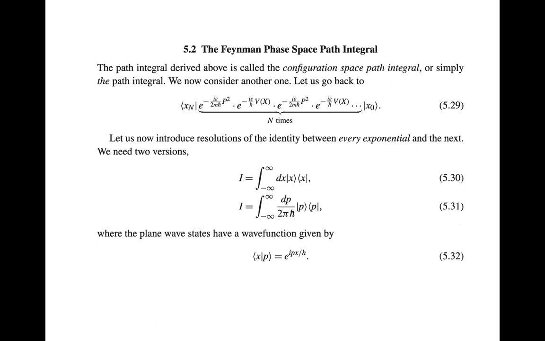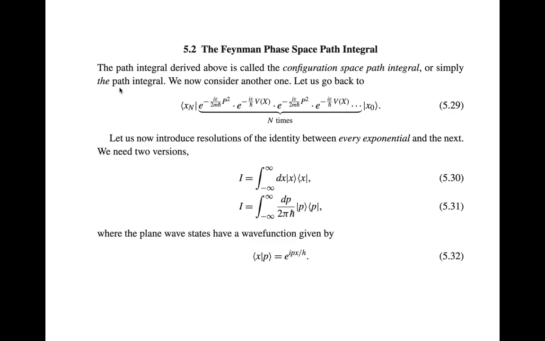So let's go to Feynman's phase space path integral. In the last part, there was a path integral in real space, or in configuration space, if you like. It's called configuration space or position space, or simply path integral. This is a path in real space, in the position.